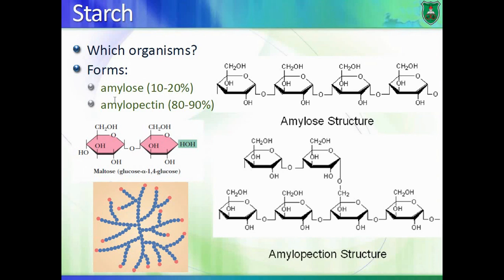It is composed of two different forms of molecules. The major one is the amylopectin, which constitutes around or more than 80% of the starch composition, whereas the minor component is the amylose, that constitutes around 10 to 20%.